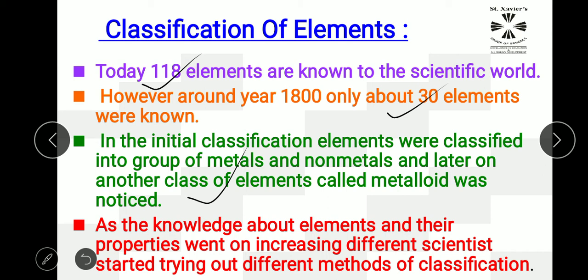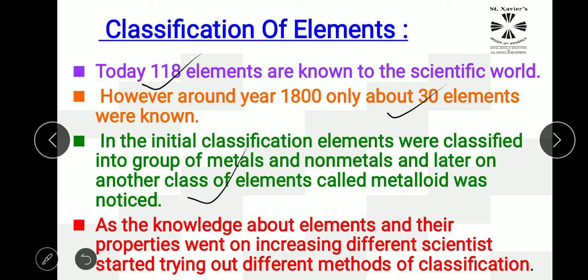So they could easily remember the elements. But slowly the number of elements started to increase. The scientists started to discover new elements. So it was difficult to study the elements in the groups of metals, non-metals, and metalloids.